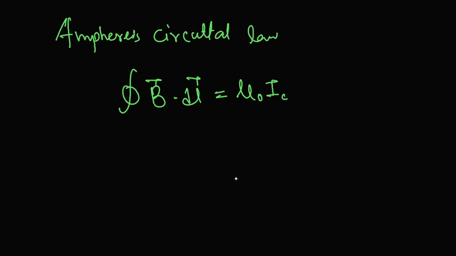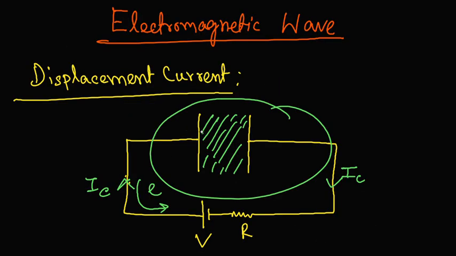It is clear there is a current flowing from this direction to this direction, but this is not due to the electron. So what can I call this current? Then Maxwell named it displacement current.